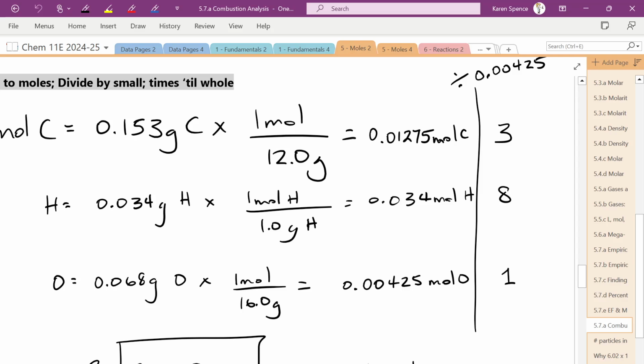Wait, let me try it. And then I was thinking it would just be nice for the rest of the block for you to be able to work on things. Divide by the smallest.